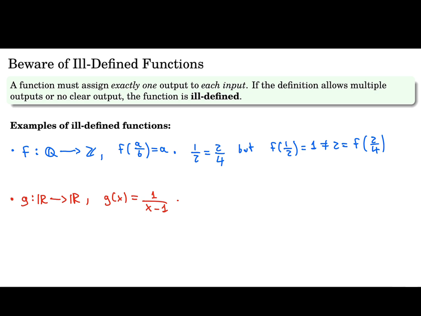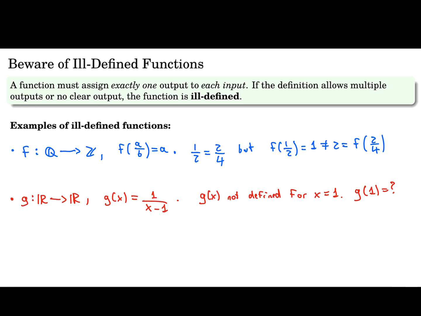What's the issue here? x equal to 1, or more precisely, g of x is not defined for x equal to 1. In other words, what is g of 1? If you replace the x with a 1 here, you're dividing by 0, and that is not defined.